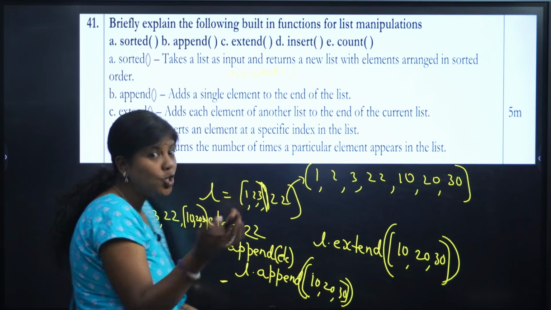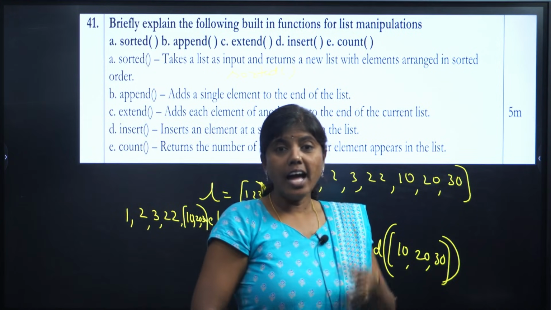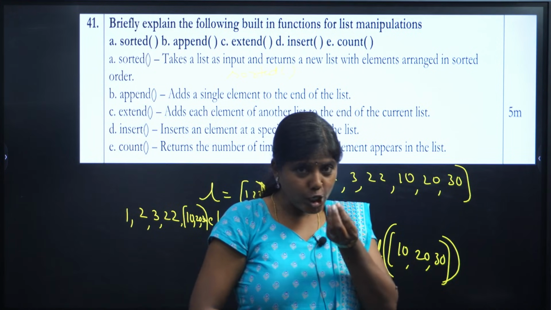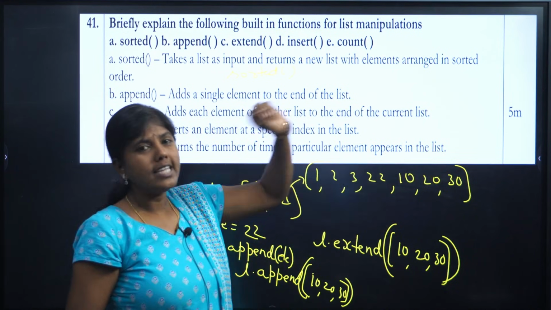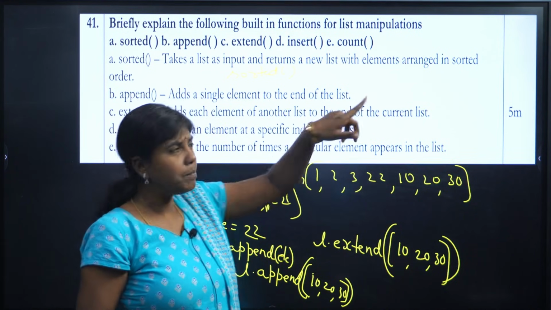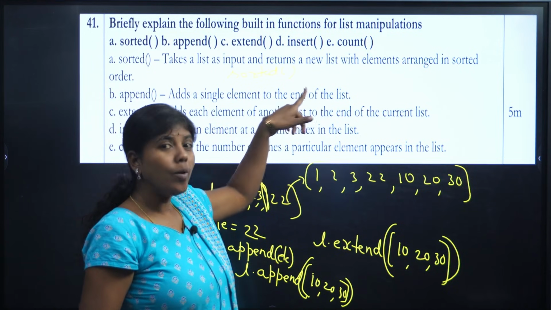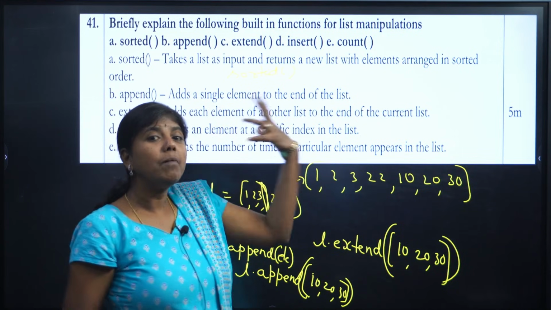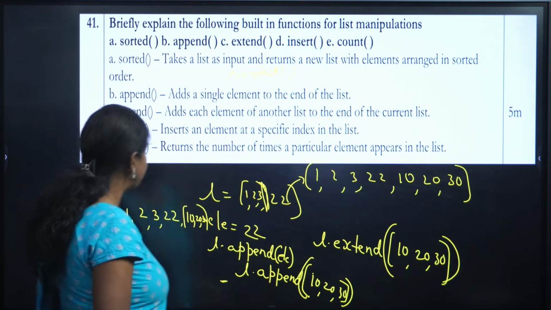As a list only it gets appended, not as individual elements. The append function takes a single element and appends it at the end of the list, whereas the extend function can add multiple elements at the end of the list.